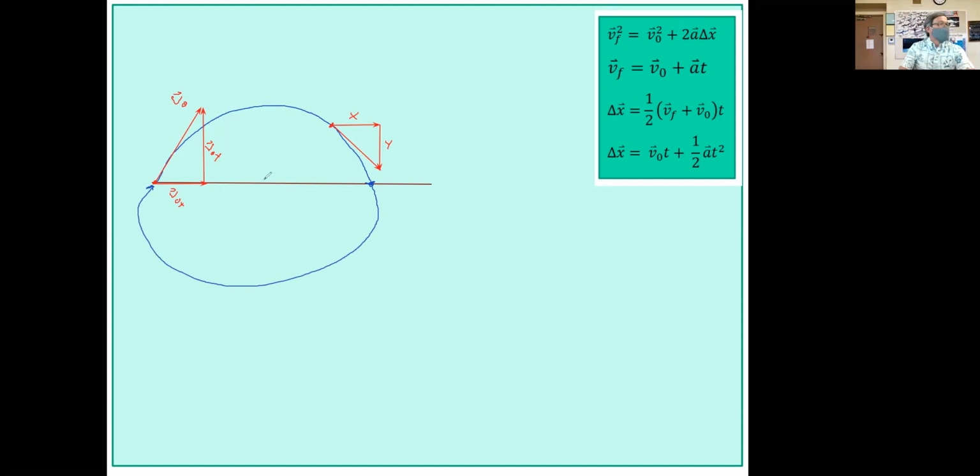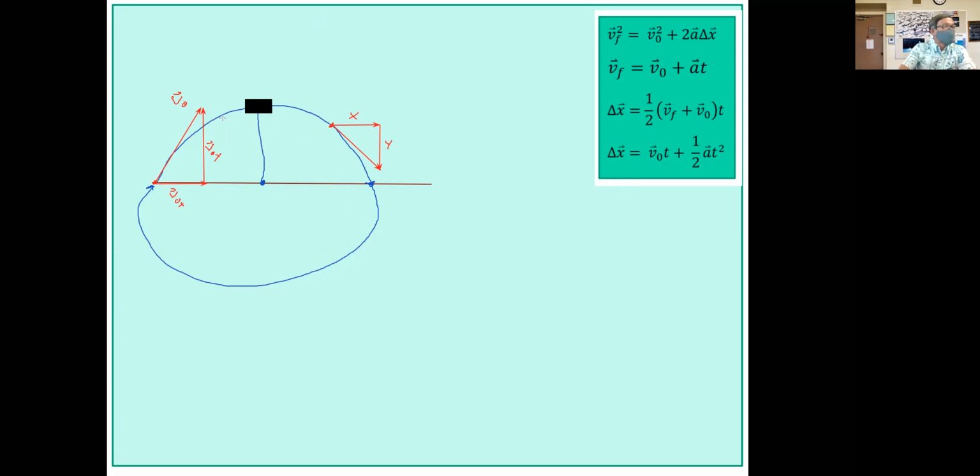But let's imagine that instead of throwing an object and letting it go, you anchor the object to the center point here. Let's say you took a rubber stopper or an eraser, tied it to a string, and swung it around yourself.